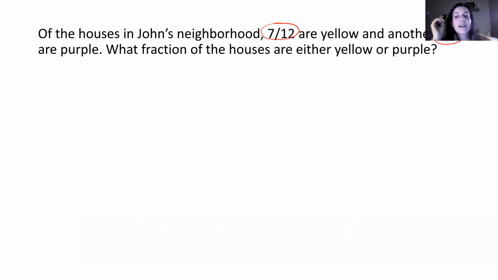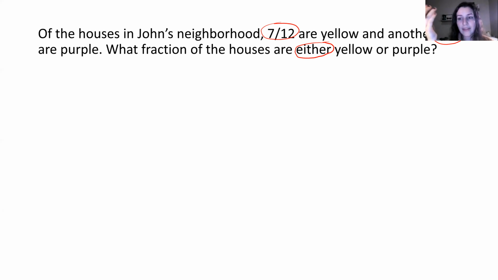So what keyword tells us if we are adding or subtracting? Either is going to be our big word here. When we see the word either, that implies that either yellow or purple is acceptable as an answer.